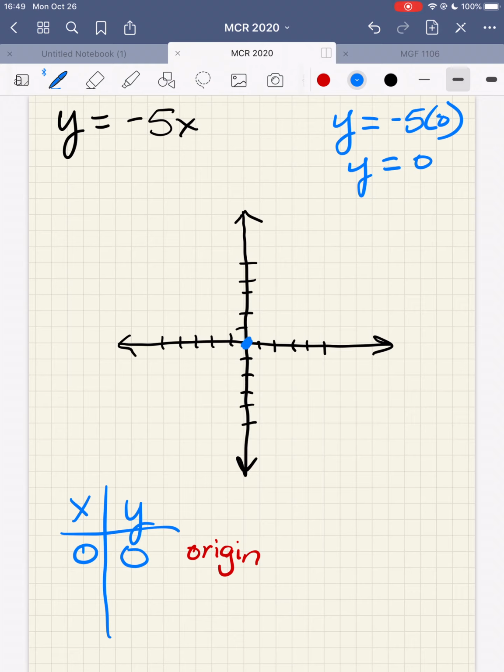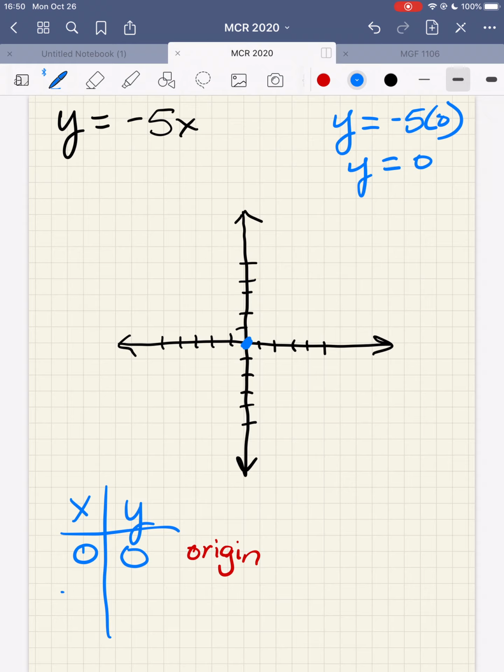Well, dang. If I'm supposed to graph my intercepts, what am I supposed to do now? If you plug a number in and you get the origin, or 0, 0, you are allowed to pick any number you would like to get your second point. I recommend keeping it small, 1 or negative 1 or something similar.